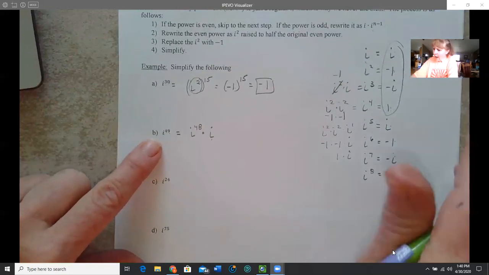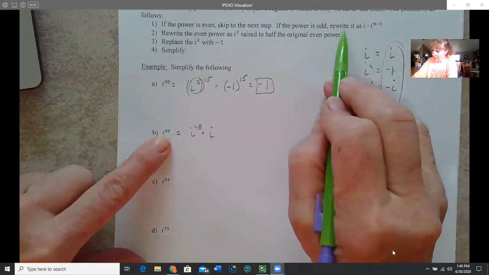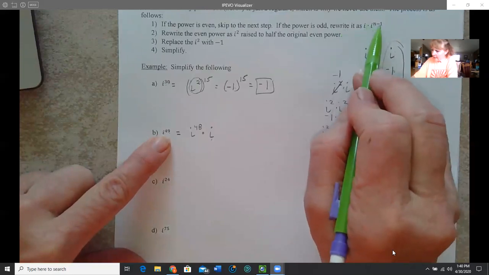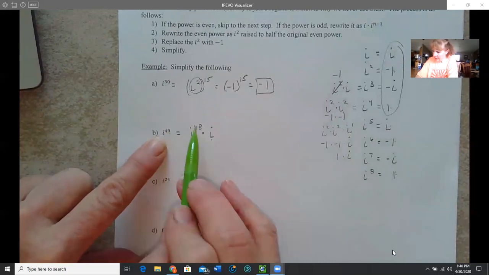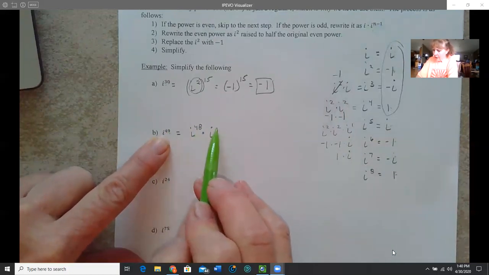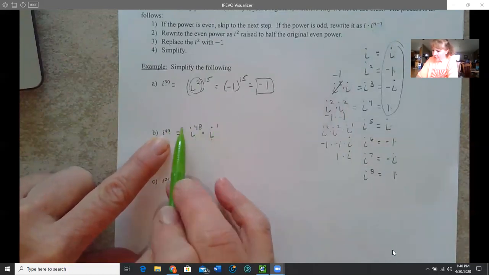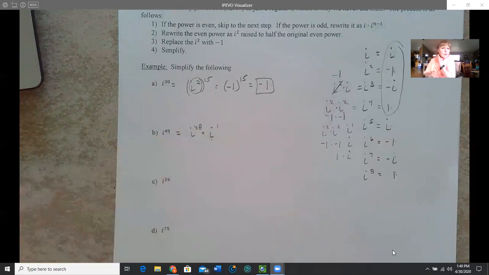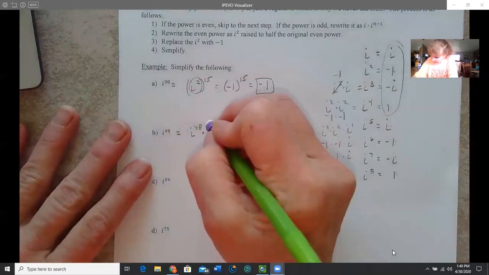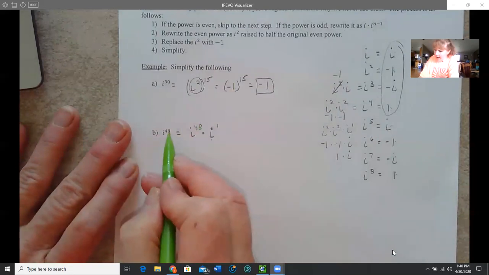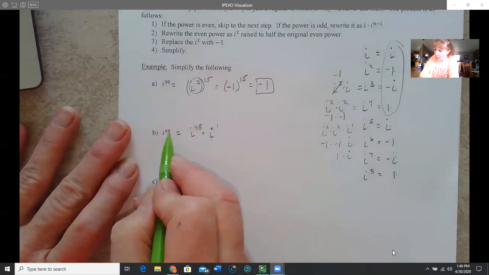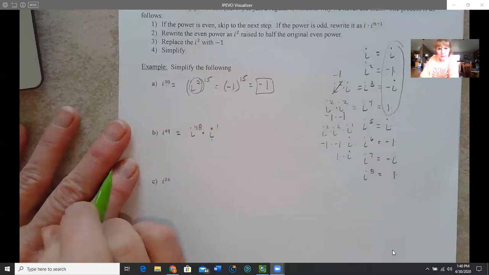Whenever you have an odd power, go ahead and subtract 1 from here and put that 1 here. These two are equal statements. i to the 48th is equal to i to the 1st. Just subtract 1. The 1 you take away, put it right here next to it.